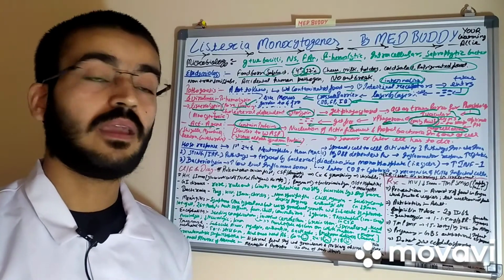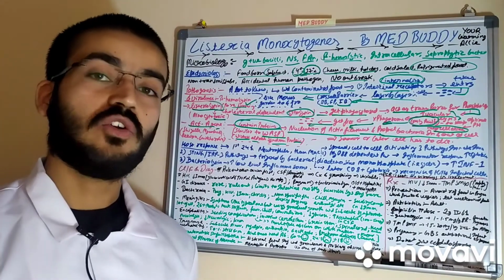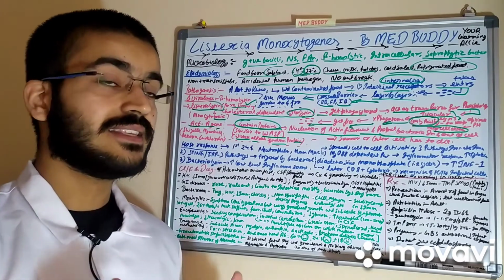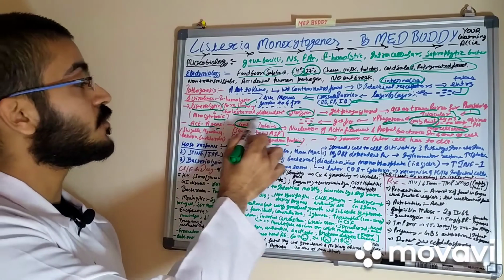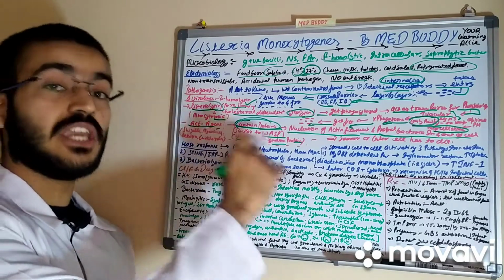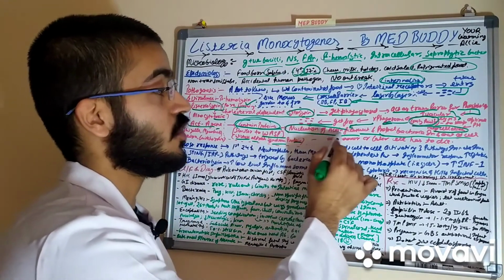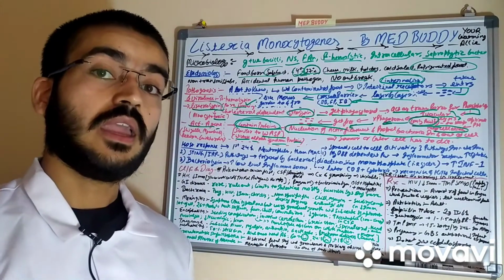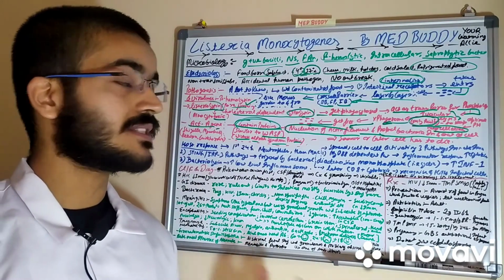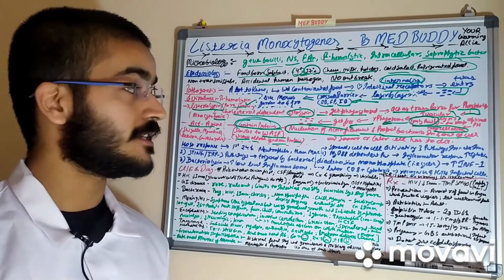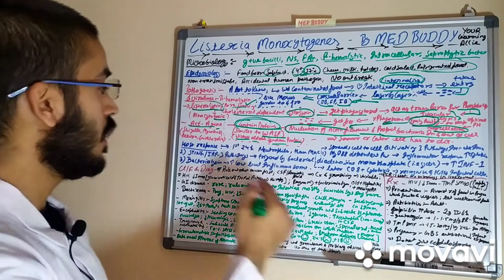What does that mean? This bacteria does not have structures for motility, but once inside the cell, it produces a special protein using its ACTA gene, which will cause the nucleation of actin filament. It means it is using the cytoskeleton of the host cell for its own movement. Such a smart guy it is.